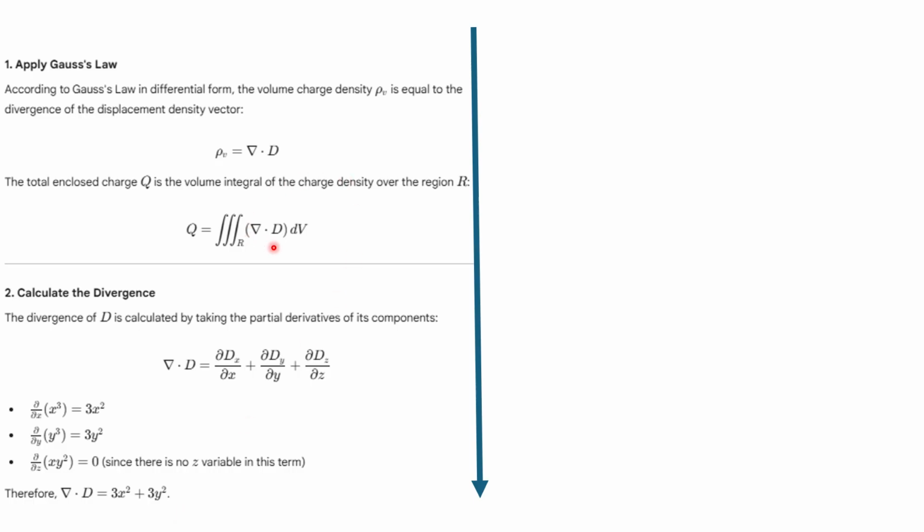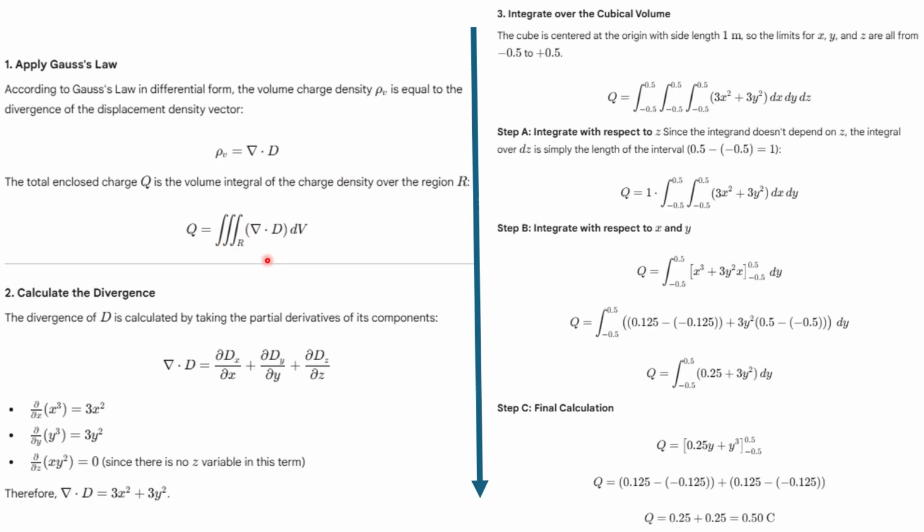Now we'll put it here and we'll integrate over the volume. So what is our volume? In our question itself, it is given that the volume is of cubical type, right? So plus minus 0.5 in x, y, z in all directions, right? So dv is equal to what? dx into dy into dz. And what is rho v? Rho v is this one, 3x square plus 3y square.